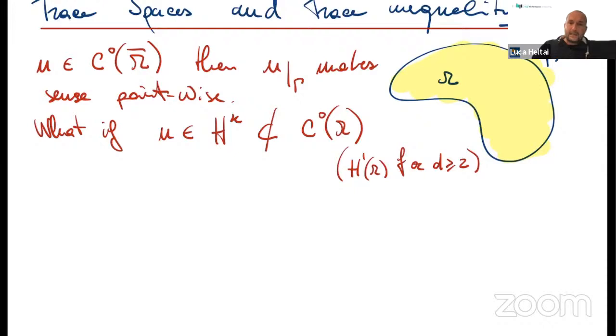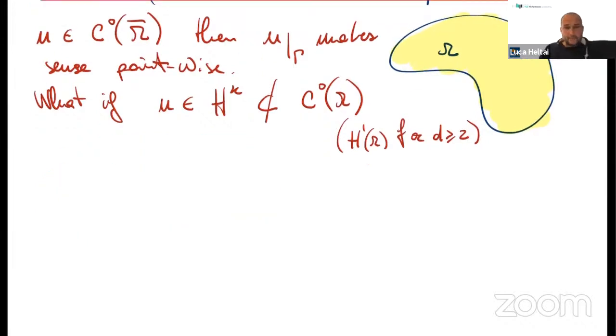So the idea is we call this object, a function, let me just write gamma in this way for the moment, an object that goes from Omega to something which is defined on Gamma. So I cannot write it in this way, let me write it in a better manner.